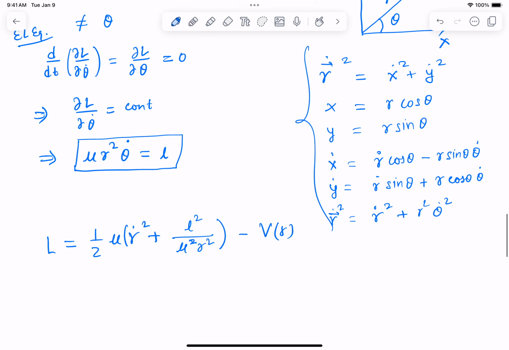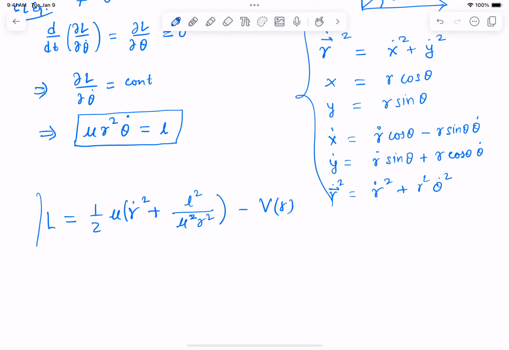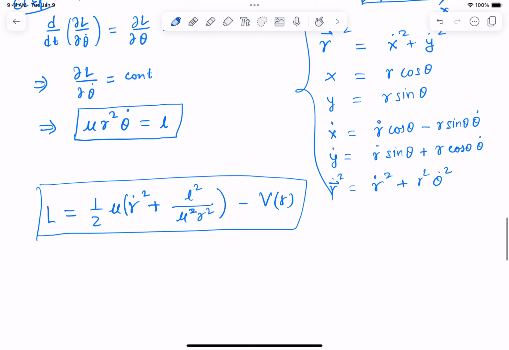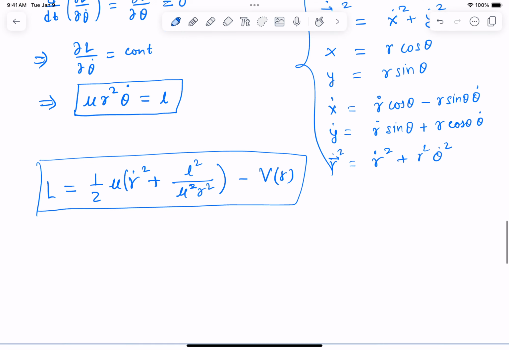So this is our Lagrangian only in terms of r. We have now reduced the Lagrangian to a function that only depends on r and nothing else. So this can be used to find our equation of motion.